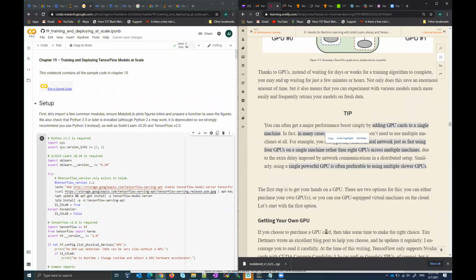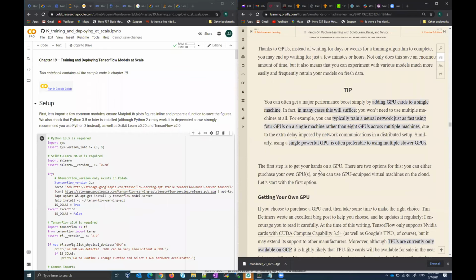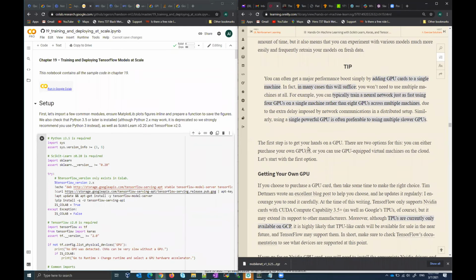But there are ways, we can see later, that you can train different models on the same GPU with TensorFlow and keep the resources separate.